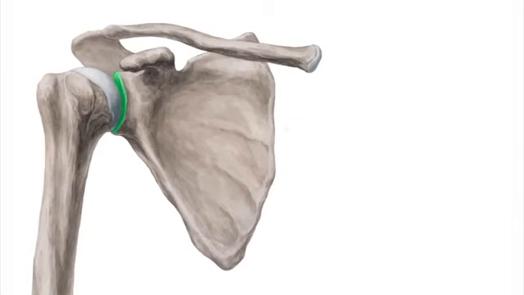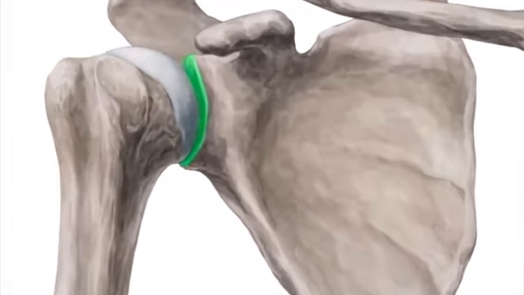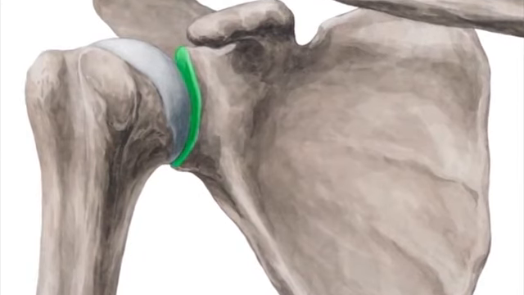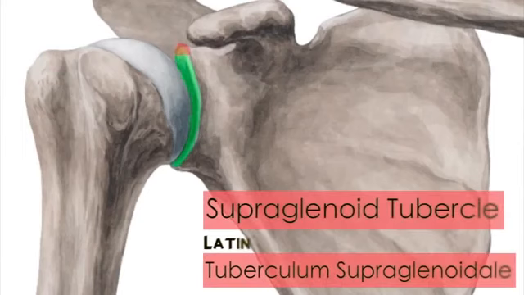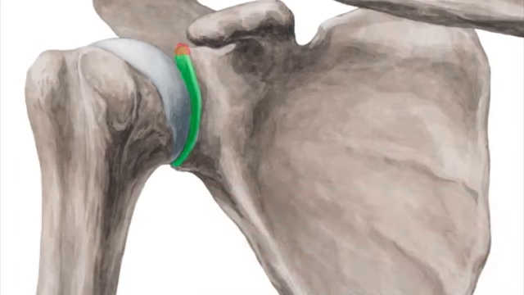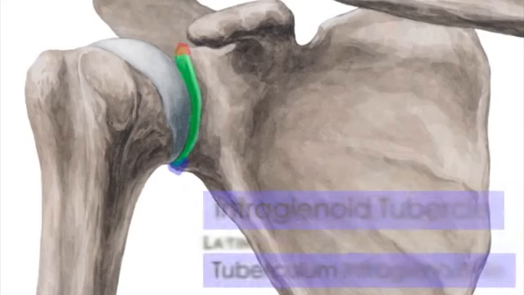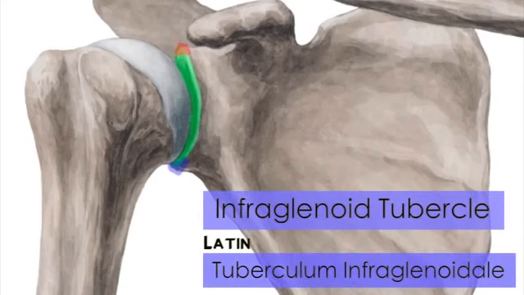Now, the other structure that you're going to find here is a small projection at the upper border of the glenoid cavity. This is known as the supraglenoid tubercle. And then below the glenoid cavity, you're also going to find another tubercle known as the infraglenoid tubercle.